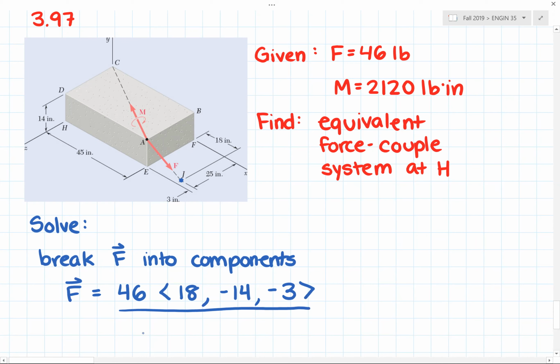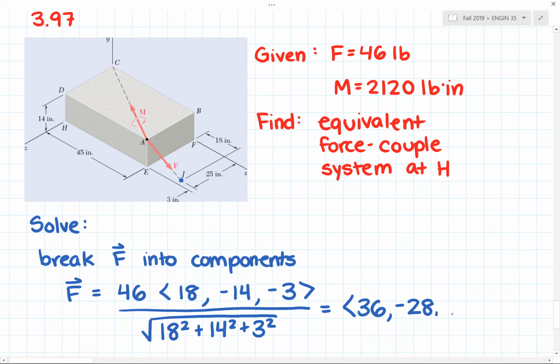I'm going to divide all that by the magnitude of the line of action, so 18 squared plus 14 squared plus 3 squared. If I work that out, I get my different components to be 36, negative 28, and negative 6.